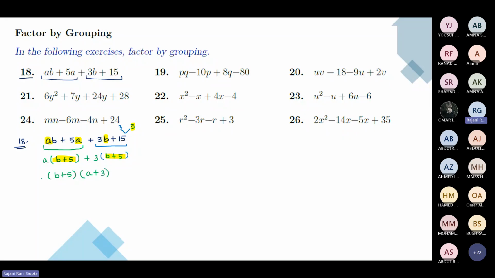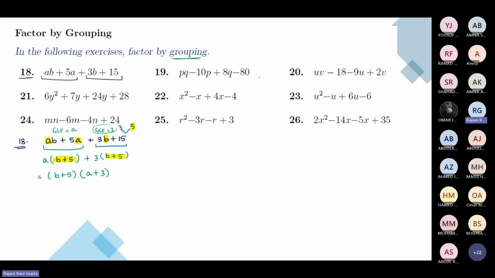So this is how you make factors for this term by grouping. Clear? So what we did, first we found the greatest common factor for these two terms, which is a, and then the greatest common factor for these two terms, which is 3. So we took that greatest common factor outside and made the grouping, and this is how we proceed.